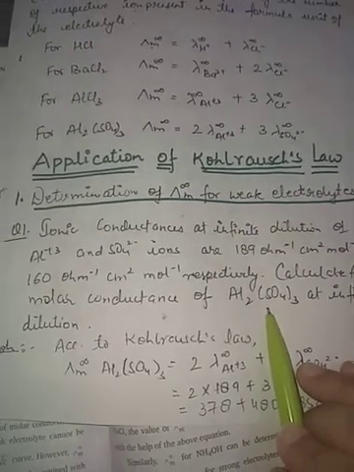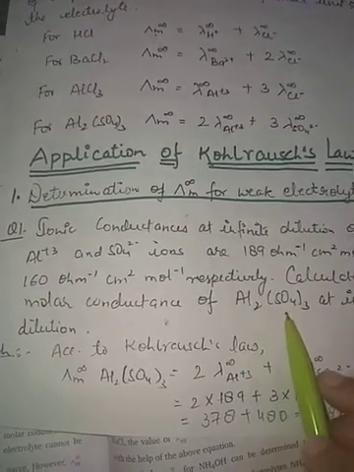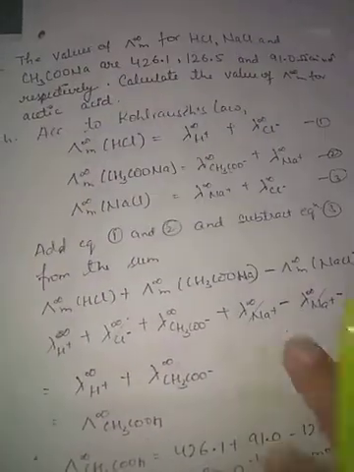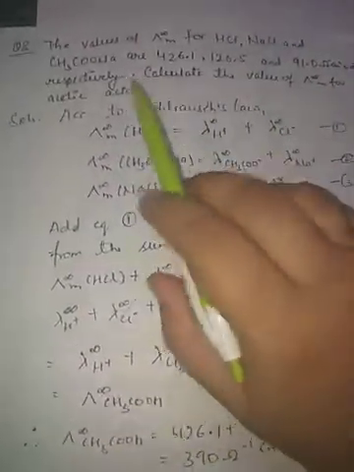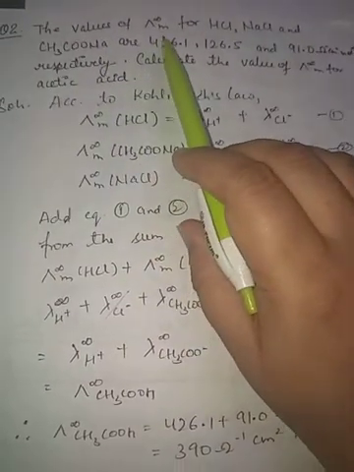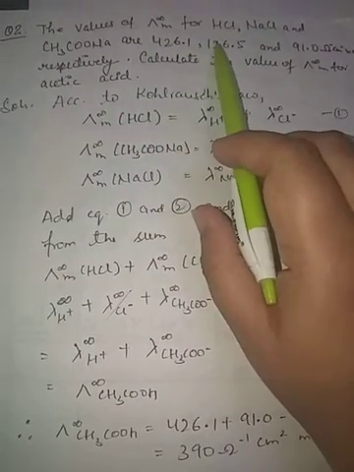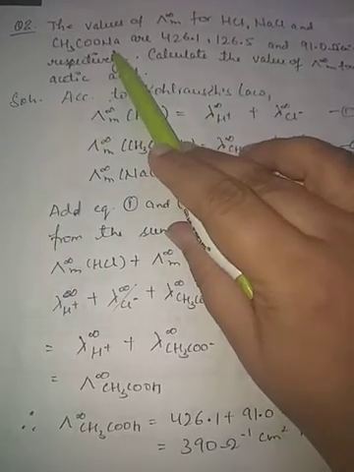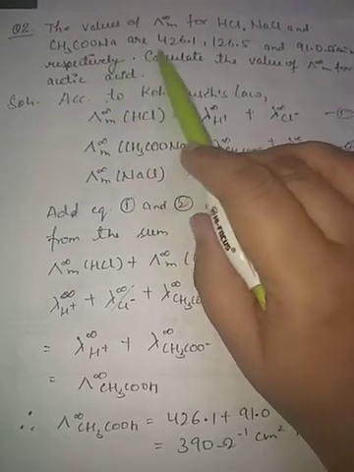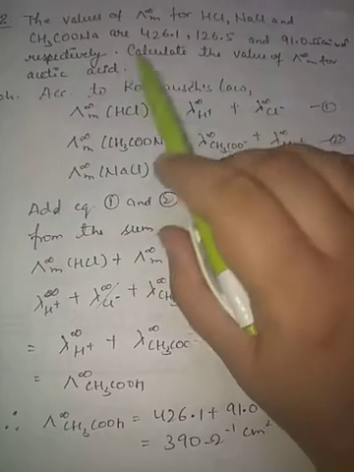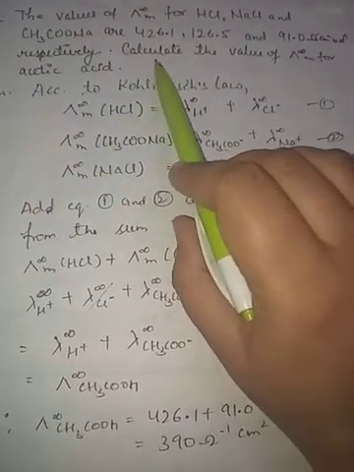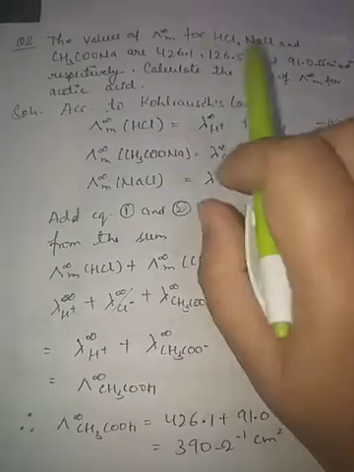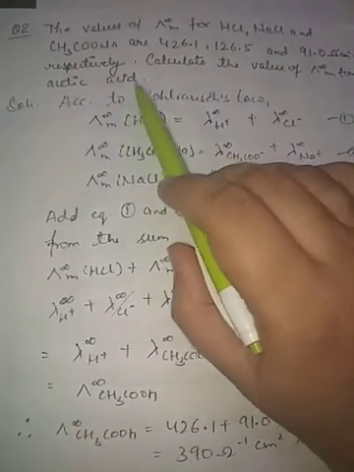Suppose the molar conductances are not given, then what will we do? Here we'll discuss. The values of molar conductivity for HCl, NaCl, and CH3COONa are given to us, and we have to calculate the value of molar conductivity for acetic acid only.